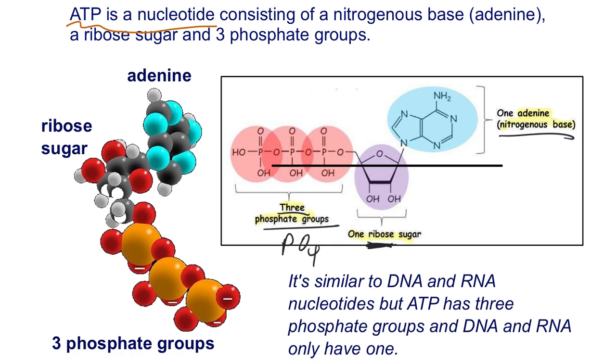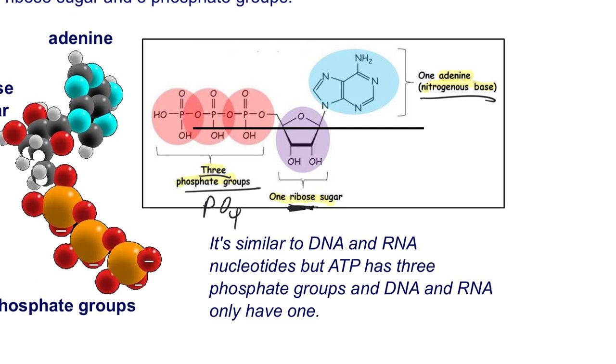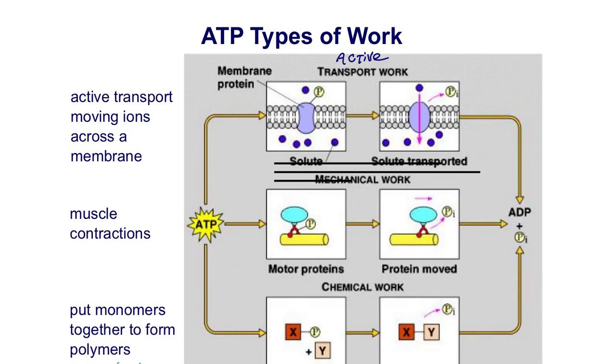So when one of the phosphates disconnects, a lot of energy is given off. These are high energy bonds between the phosphate groups. So ATP is used for all kinds of chemical work.